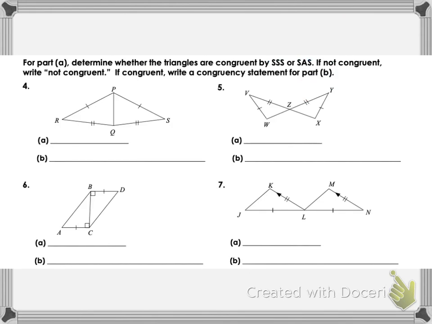Okay, let's try these out. It says, determine whether the triangles are congruent by side, side, side, or side, angle, side. If not congruent, write not congruent. If congruent, write a congruency statement. So a congruency statement is just one of these things where you state which triangles are congruent, and you have to write the letters in a certain order.